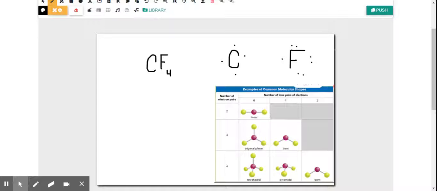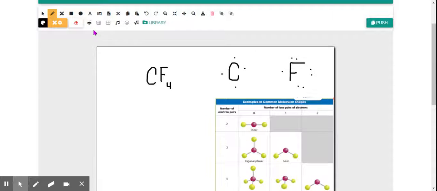So now, how do we know how many bonds an atom can make? The way that we do that is we look at these solo electrons. In other words, any electrons that are alone, meaning they don't have a partner.